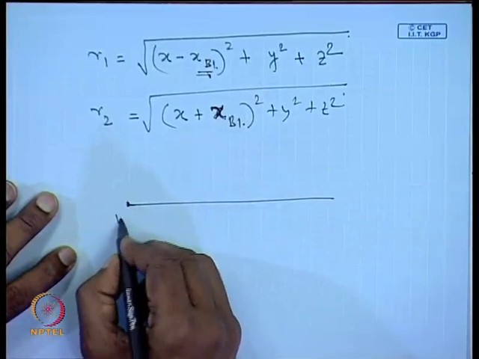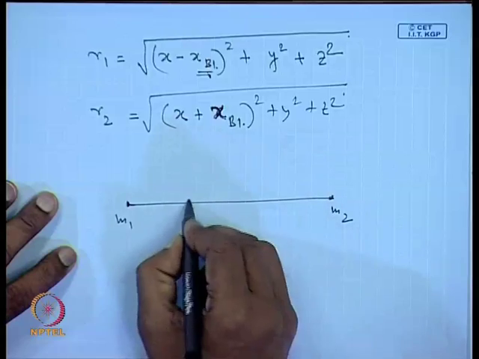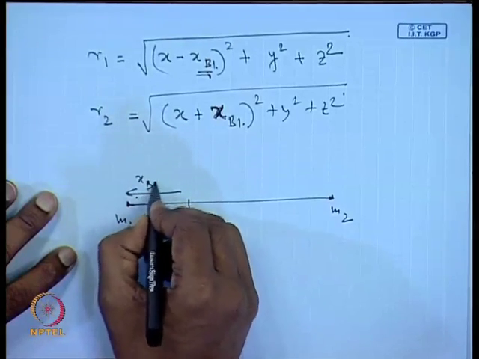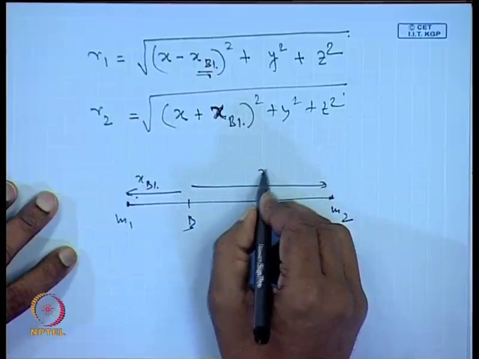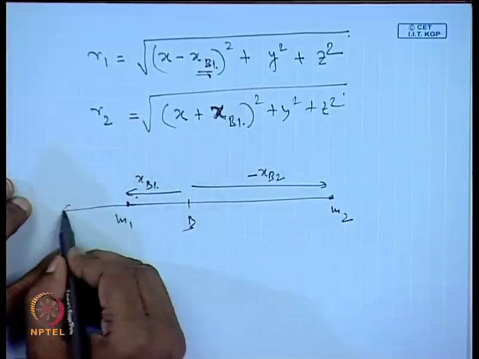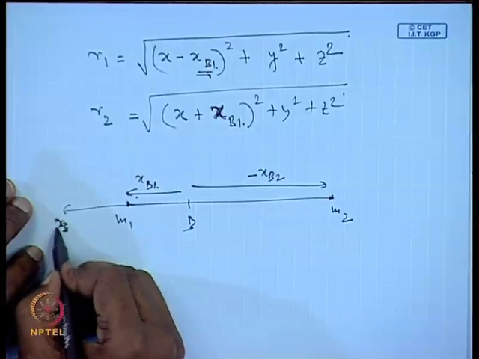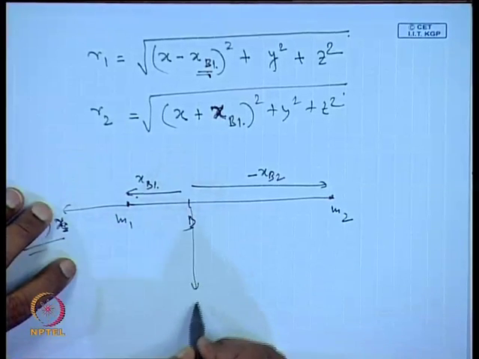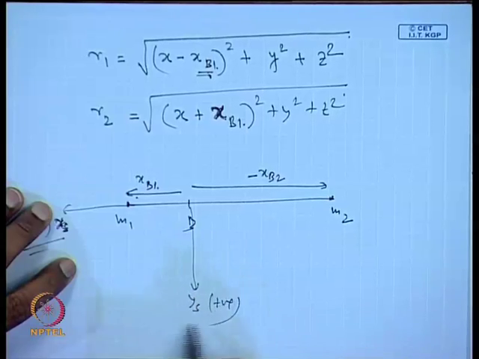So, here is the mass m1 and here is the mass m2, and this was the barycenter. So, this distance we wrote as x b1 and this distance as x b2, and if we put the proper sign here, in this direction our synodic reference frame is positive, and here the y is positive.